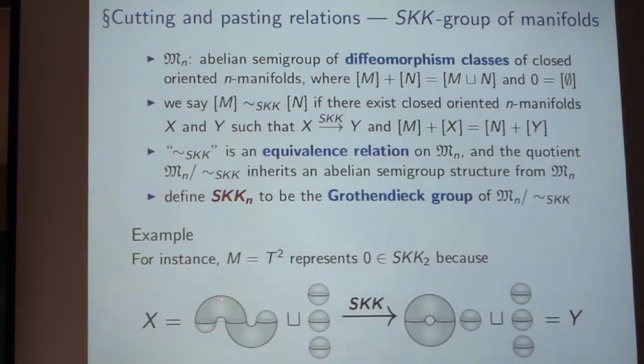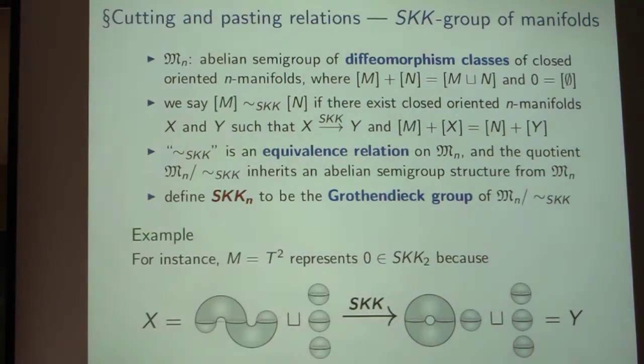Take x to be this two-sphere disjoint union with three other two spheres, and then you see on this side you switch the boundary circles, which turns the left part into a torus plus a sphere, and the same gluing diffeomorphism does nothing on those other spheres. So you see that 4 two spheres are SKK related to 1 two torus plus also 4 two spheres. So this is what can happen in this kind of theory.